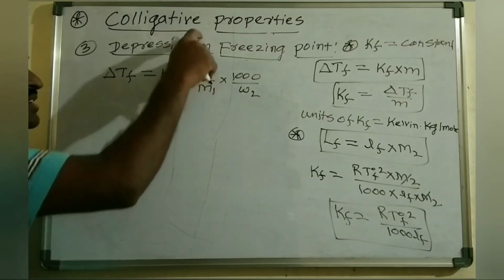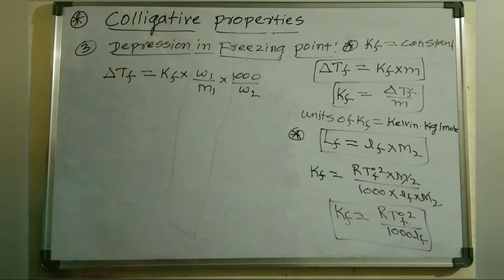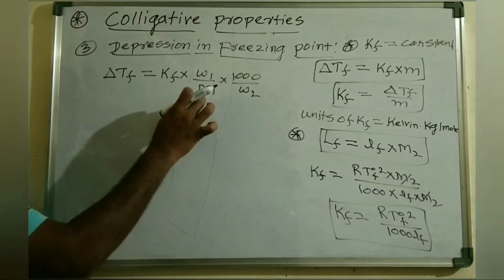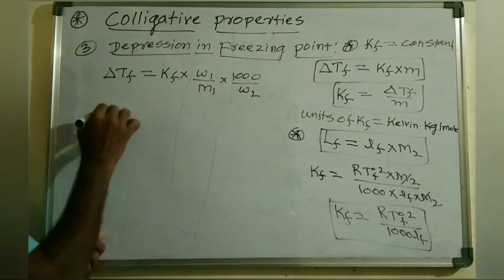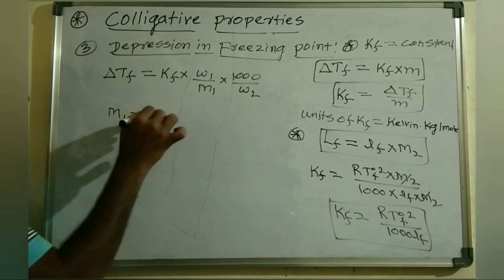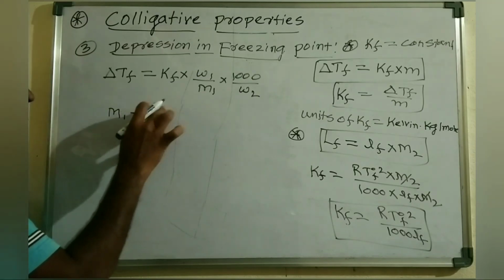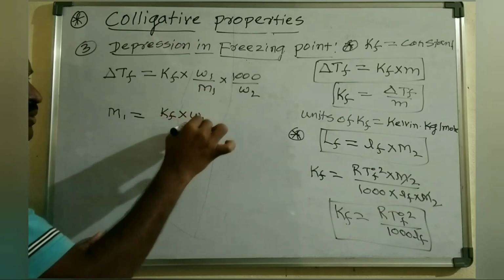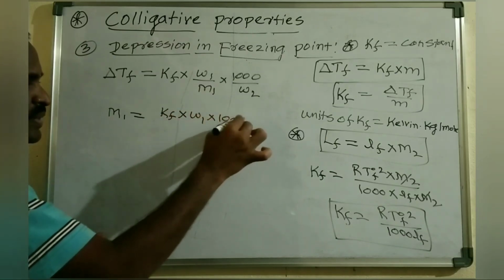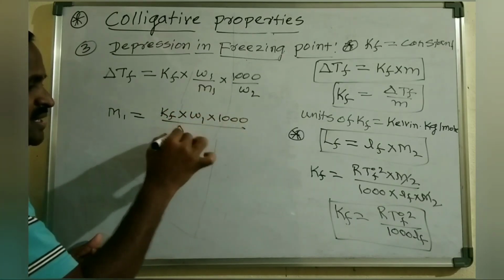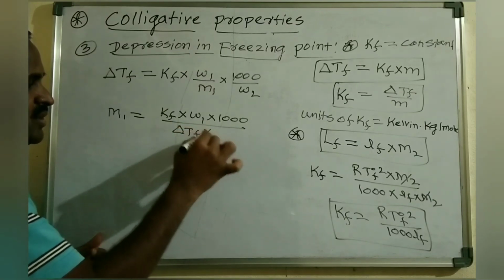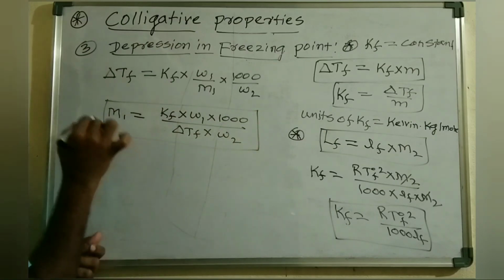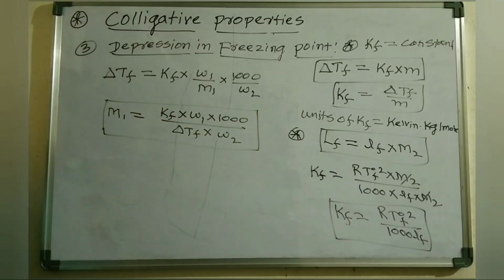The main importance of colligative properties is to determine the molecular mass of the non-volatile solute. Here M1 is the molecular mass of the non-volatile solute. You can make this the subject of the formula: M1 equals KF into W1 into 1000 divided by delta TF into W2. This is the formula to find the molecular mass of a non-volatile solute.